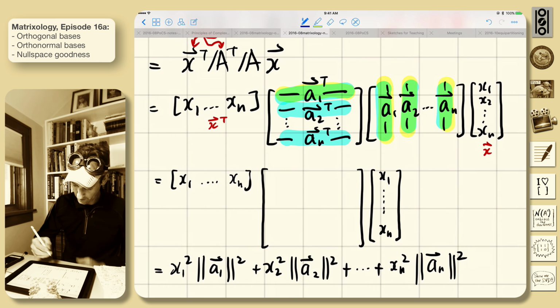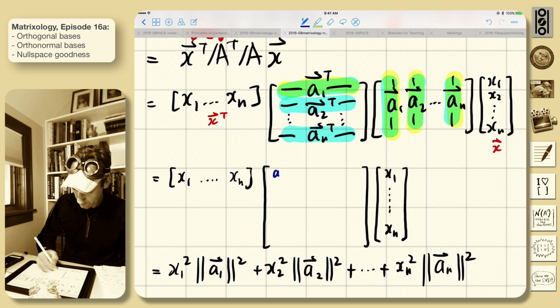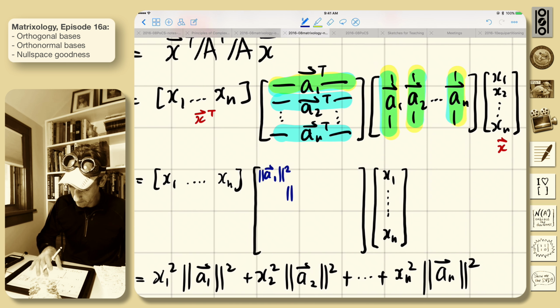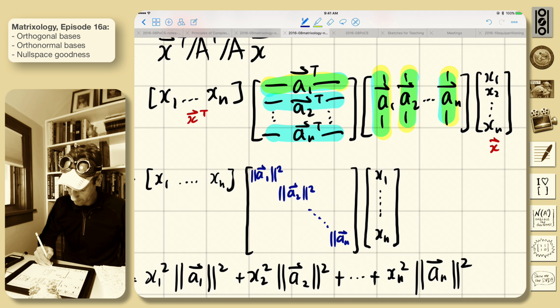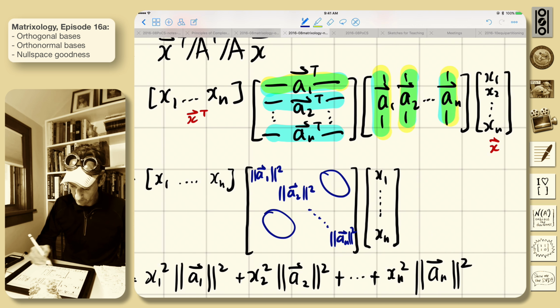So we'll end up with A1, the length of that squared, and I'll put an A2 here. Yep, A2, length of that squared, dot, dot, dot, down to AN squared. And then the rest of this is zeros, all zeros.